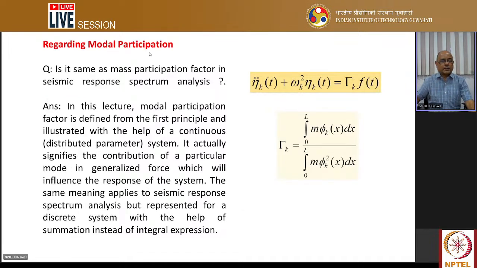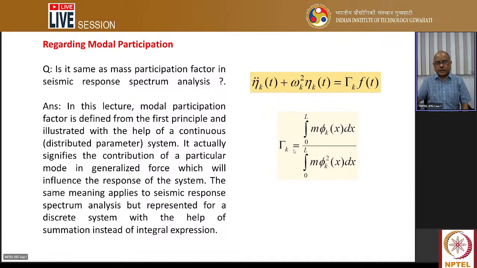Then another thing is the modal participation factor. Is it the same as the mass participation factor? It is almost the same here, in the earthquake analysis that was discussed in a different course. In our basic definition, we have written eta double dot k plus omega k square eta k equal to capital gamma, that is the modal participation factor, f of t.